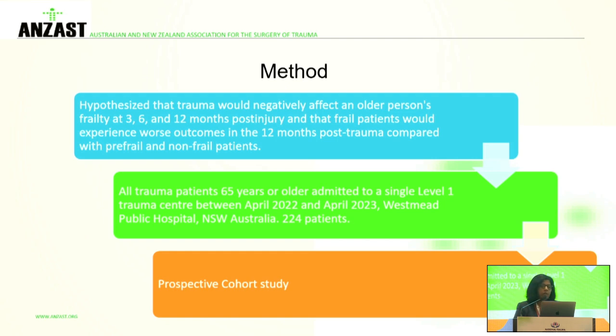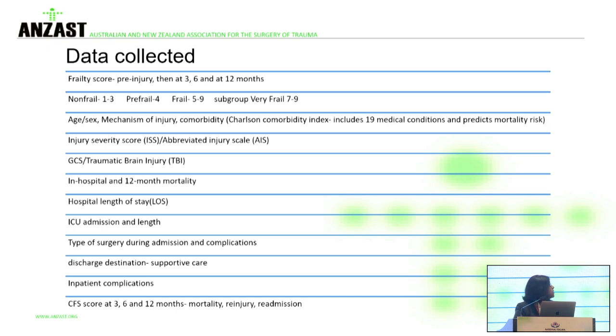So the data we collected were age, sex, mechanism of injury, and comorbidities. For the comorbidity assessment, we used the Charlson Comorbidity Index. And also we assessed the frailty score pre-injury, then at 3 months, 6 months, and 12 months. We took non-frail as 1 to 3, pre-frail 4, frail 5 to 9.